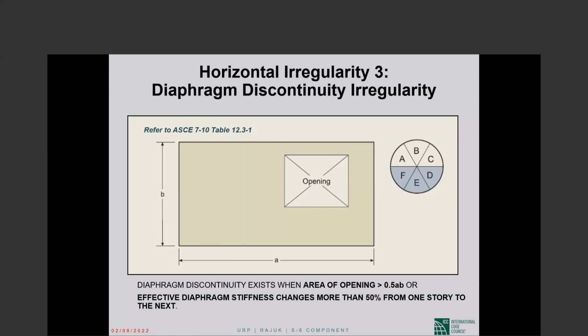This irregularity is not very well defined, and it has undergone changes in subsequent editions of ASCE 7 that I cannot go into today. But in ASCE 7-05, you will see exactly what you see here, no change from ASCE 7-05 to ASCE 7-10.